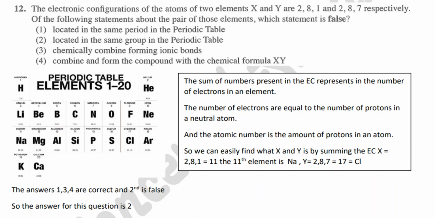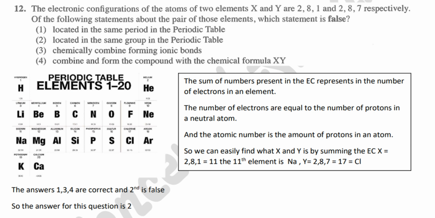12th. The electronic configurations of the atoms of two elements X and Y are 2,8,1 and 2,8,7 respectively. Of the following statements about the pair of those elements, which statement is false? Remember, we're asking about what is false. Okay.